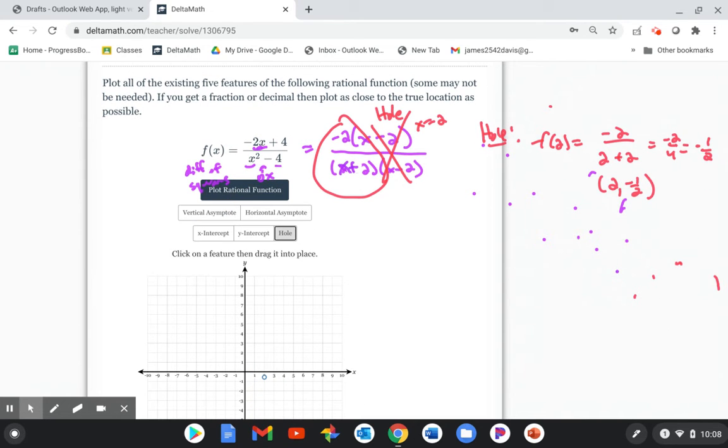All right, next up, vertical asymptotes. So that's the zeros of the denominator that are not also zeros of the numerator. Since we already canceled that out, all we're left with is the x plus 2. So that equals negative 2. Its vertical asymptote is x equals negative 2.